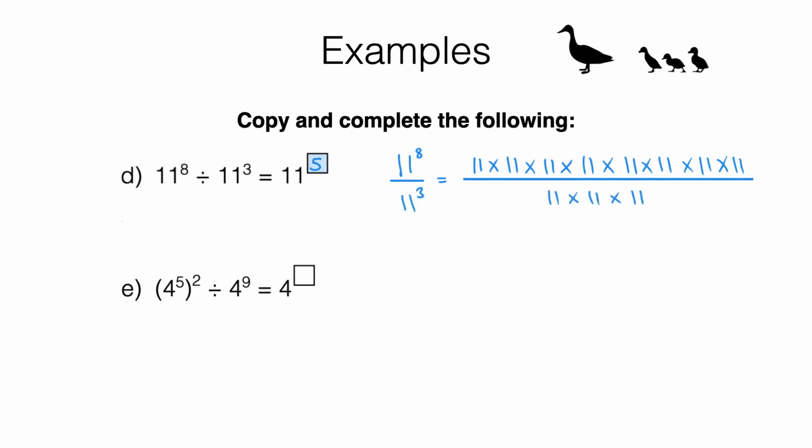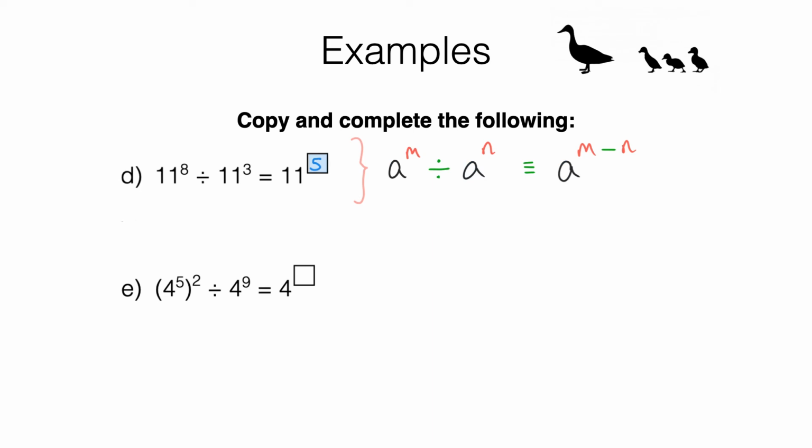And from your knowledge of simplifying fractions, hopefully you realise we can do this. And what we're left with is simply 11 to the power of 5. What we've just seen is an example of this rule in action.